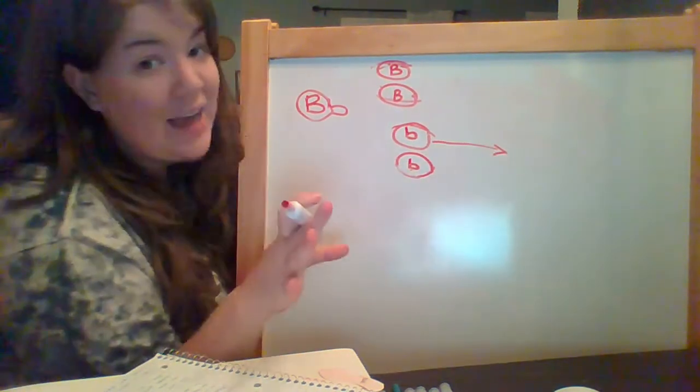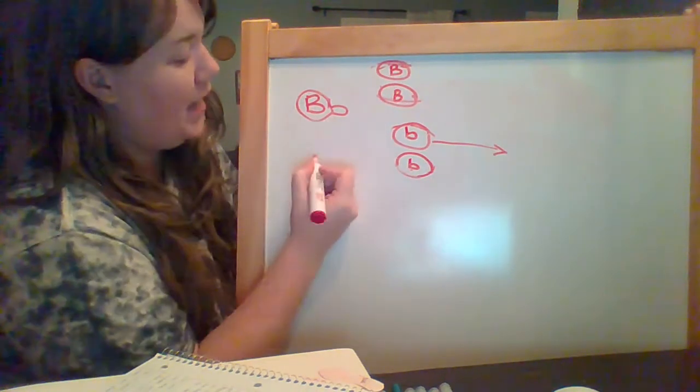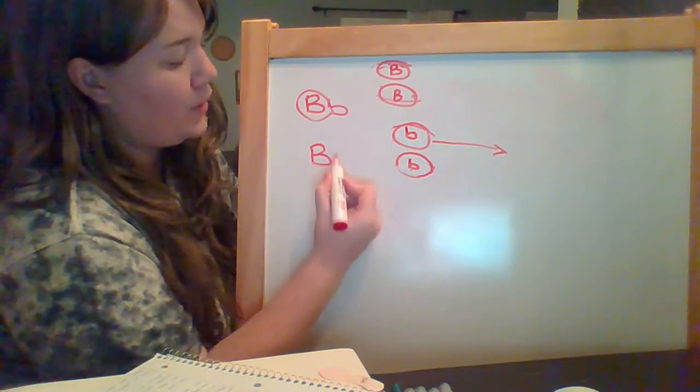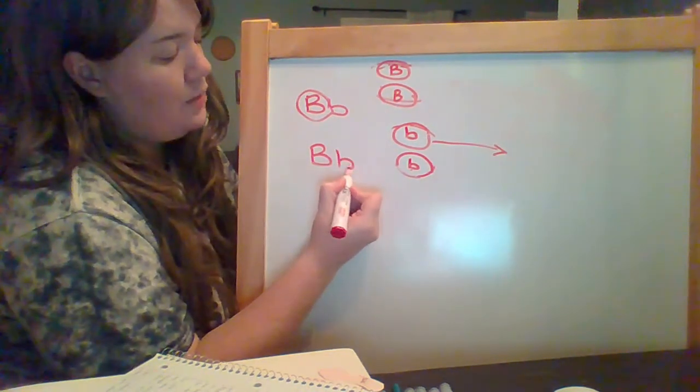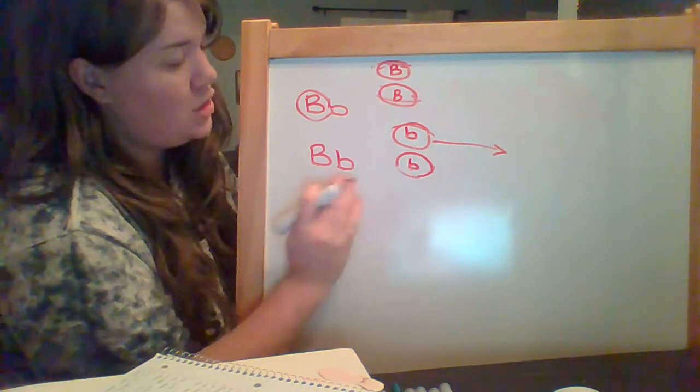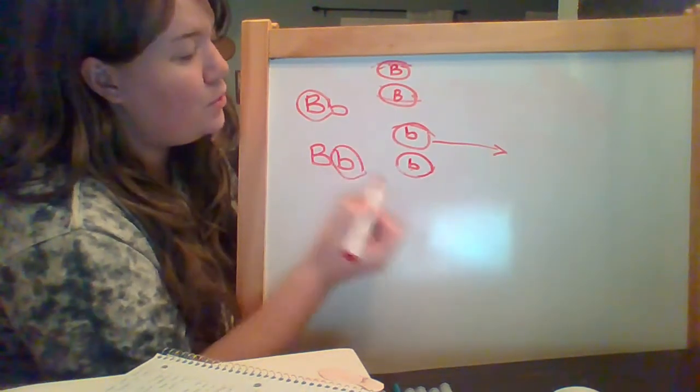And the exact same thing might happen in the mom. Even though she had a dominant brown, she may have had a recessive blue, and she may have gone through all of these same phases and ended up with just a blue to pass on to you.